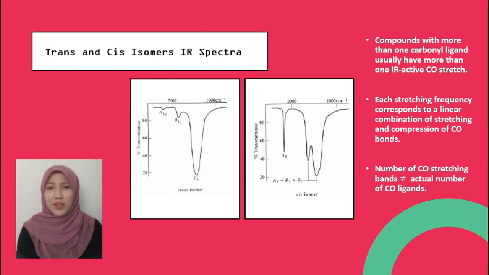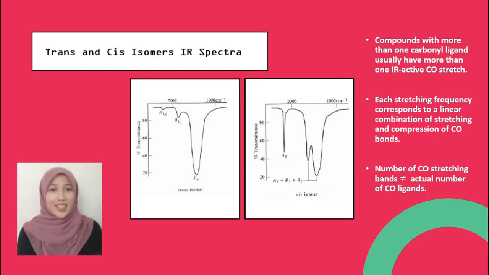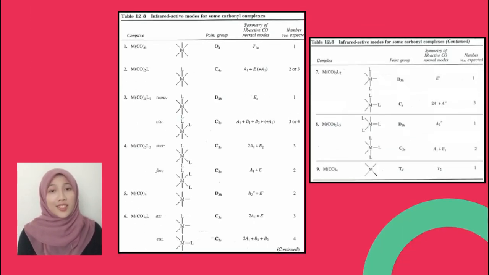Theoretically, the number of carbonyl bands cannot exceed the actual number of carbonyl. Next, in the slide next to me, it shows you the list of IR active modes for some carbonyl complexes. So this table you can refer to if you want to predict the organometallic complex structure, if you are given with the chemical formula for sure.